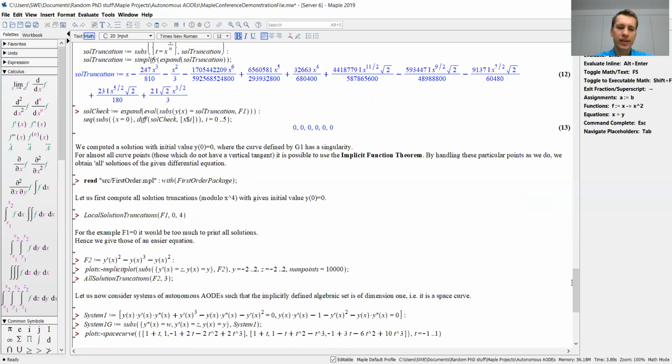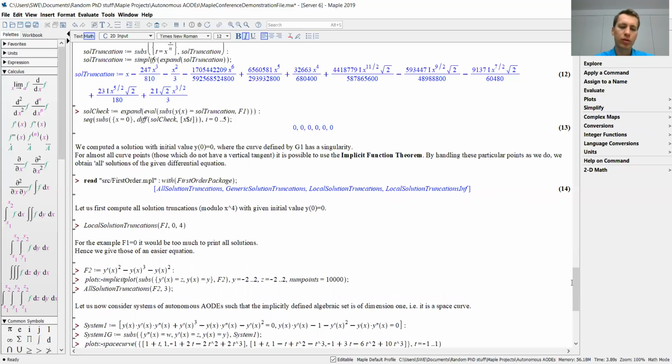As I already said, we have implemented it in a Maple package, and I will use this package now for computing all the solutions. All solutions means that we compute a generic solution with a free parameter and some particular solutions where this generic solution may not cover the particular solutions.